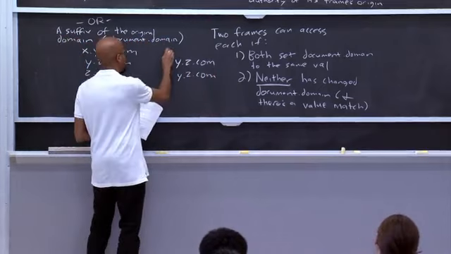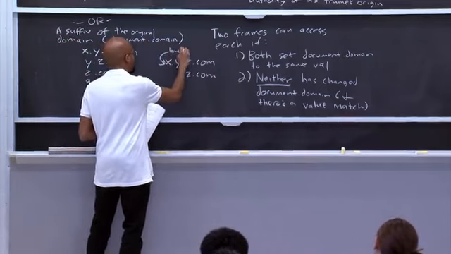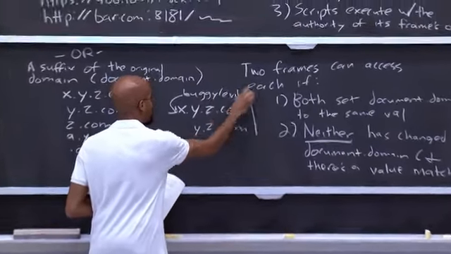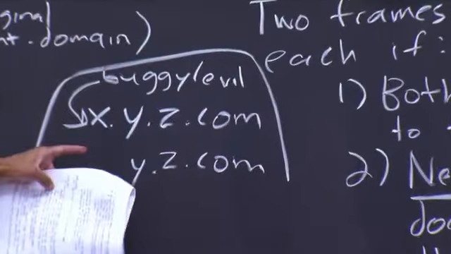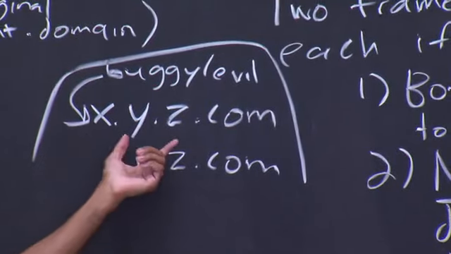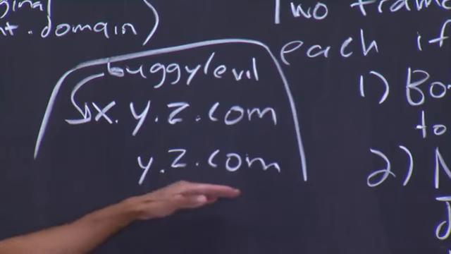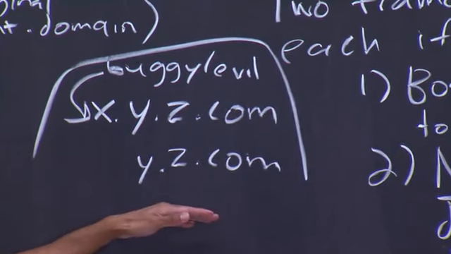So this guy up here is buggy or evil. What this guy could try to do is shorten his domain to be y.z.com and then start messing around with JavaScript state or cookies or stuff like that, right?